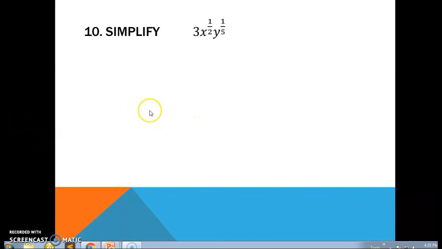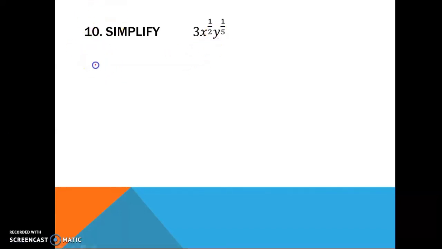Okay, so for number 10, simplify 3x raised to 1/2 and then y raised to 1 over 5. So, first, you are going to rewrite. Kailangan muna nating i-rewrite yung 1/2 and 1 over 5 into similar fraction. Anong ibig sabihin ng similar fraction?